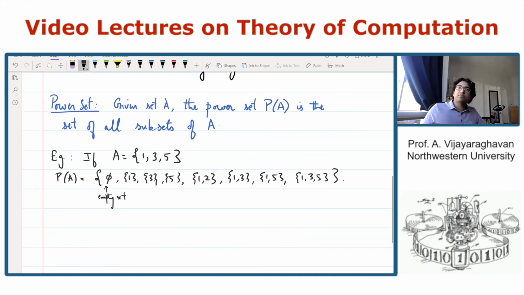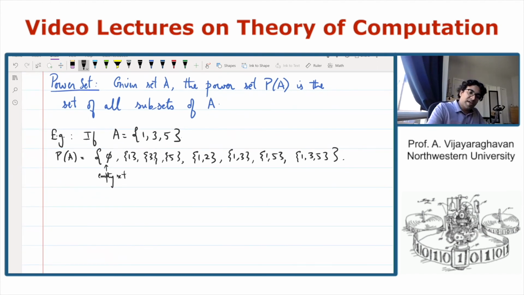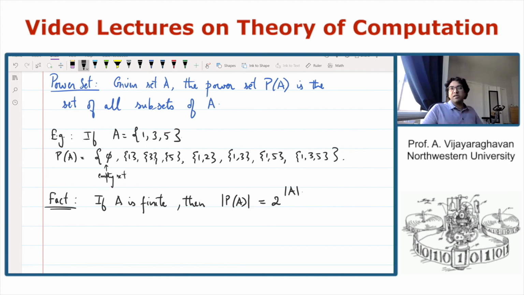And so here is a simple fact. For finite sets A, the size of the power set of A is equal to 2 raised to the power of the size of A. The proof is actually very simple, and you've probably already seen this before, but really the proof is almost this one line.